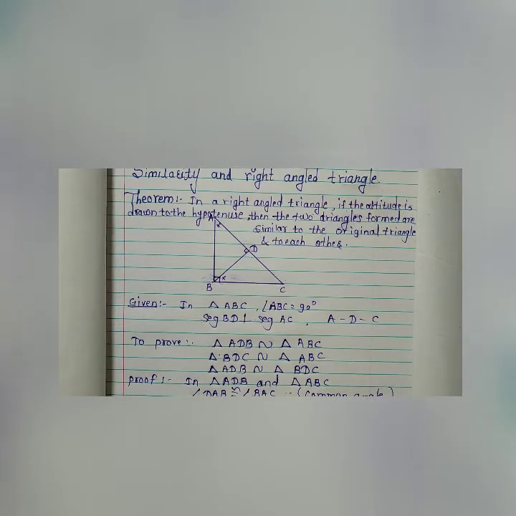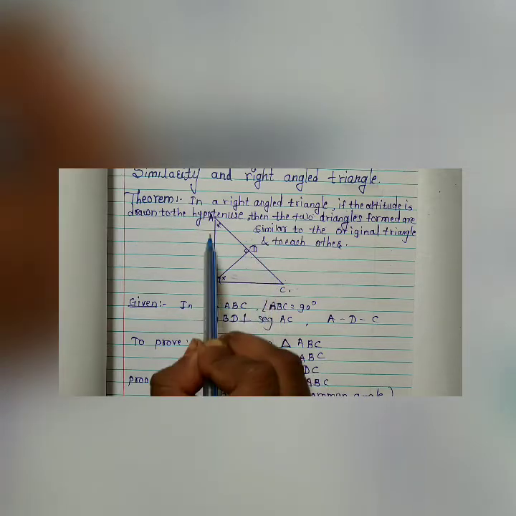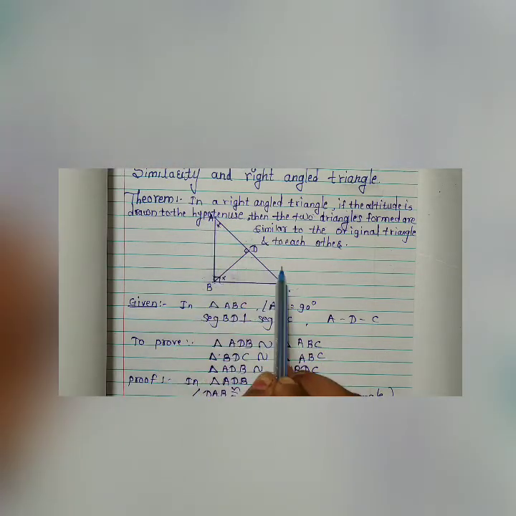Now see the figure. To prove triangle BDC and triangle ABC are similar, okay, in these two triangles BDC and ABC, which angle is the common angle? Angle C, that is angle BCD and angle ACB.